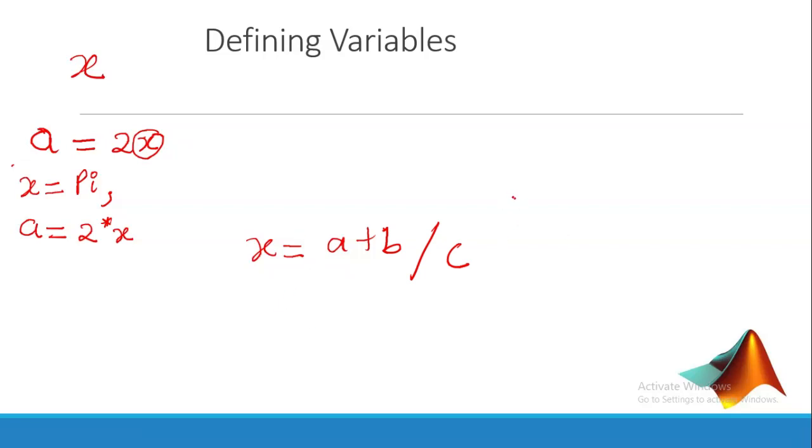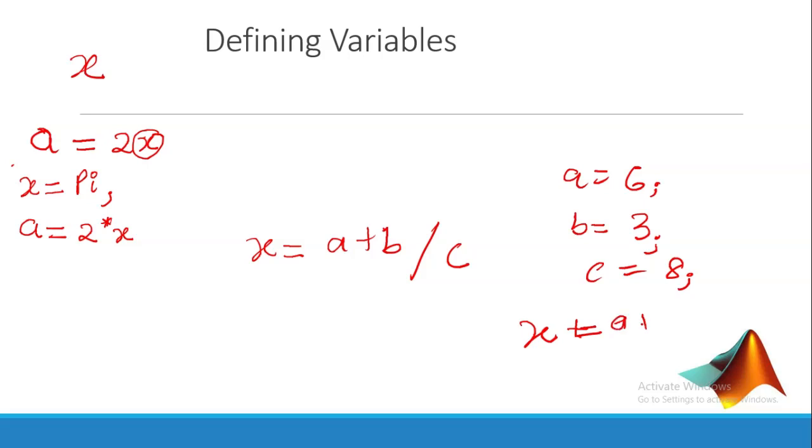So I can start writing my program by saying a is equal to 6, with a semicolon. My b is equal to 3, with a semicolon. My c is equal to 8, with a semicolon. Then you write the equation x is equal to a plus b divided by c. The moment you press enter, Matlab should be able to give you a value.